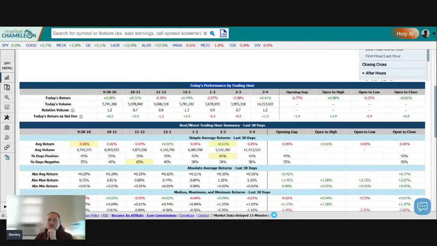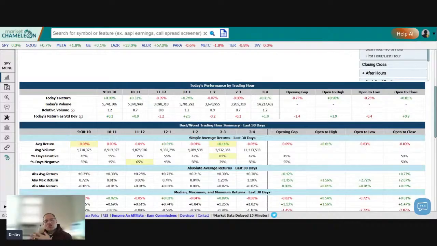This is still pre-market. Once we open up today, more data comes in, and this will update. And what it does is break down the day by hour: the performance from 9:30 to 10, then 10 to 11, 11 to 12, 12 to 1, 1 to 2, 2 to 3, and 3 to 4.